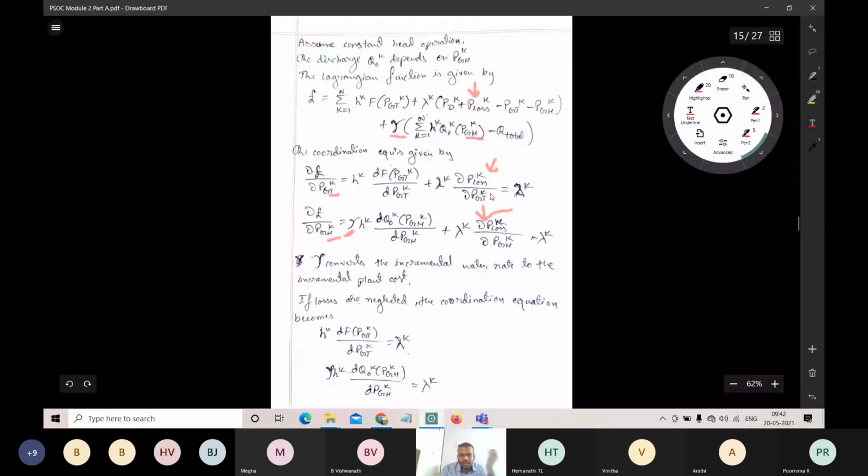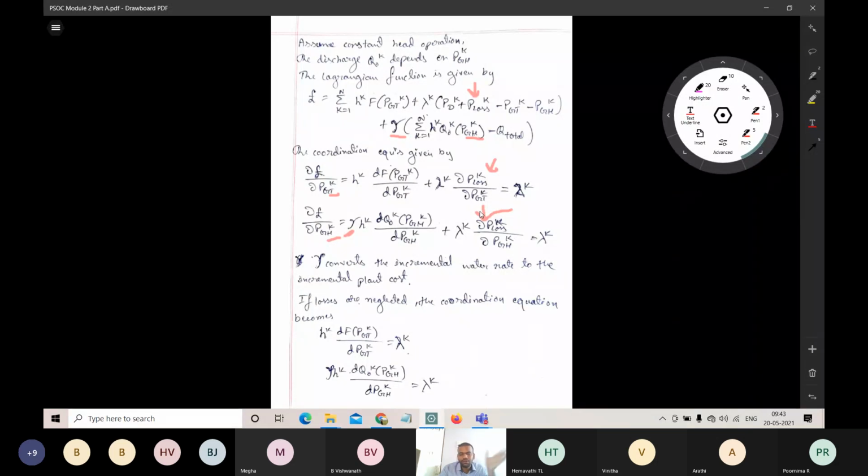And here, if the losses are neglected, just for analysis purposes, consider it an ideal condition. Just like for the analysis of the transformer we consider ideal cases, the same here: I am neglecting the losses for analysis. So if you neglect the losses, what would be the lambda k equation?